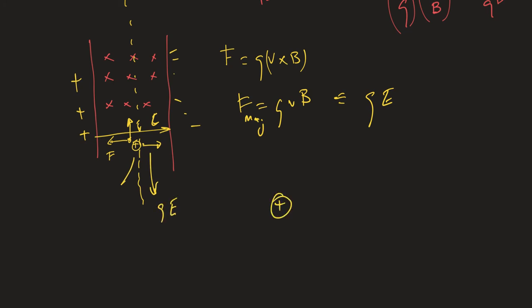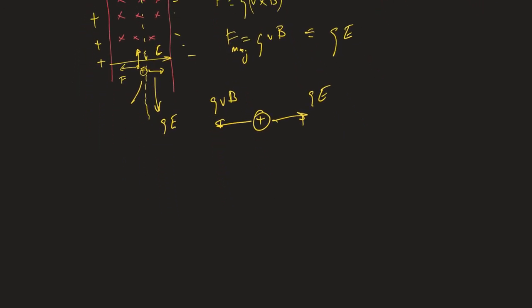So now the particle will have a magnetic force QvB to the left, and an electrical force Q by E, in a way that if the two forces are equal, there will not be acceleration anywhere. So the particle will continue with the same velocity, constant velocity, without being deflected.